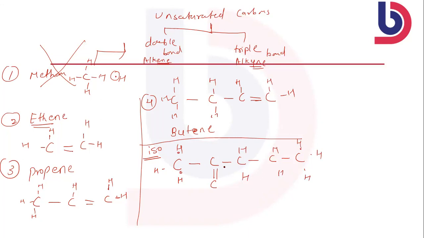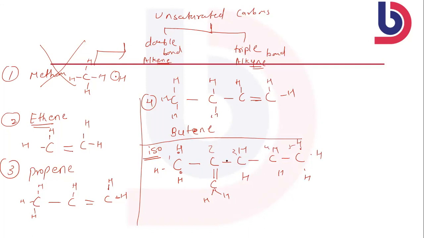Now if you check here, one, two, three, four. This carbon has no valencies for the hydrogen. So let us go with this. Here you have two valencies, so attach hydrogen. How to name this compound? As I said, it is iso. We take it one, two, three, four, five, then it is attached with the second carbon in the chain.